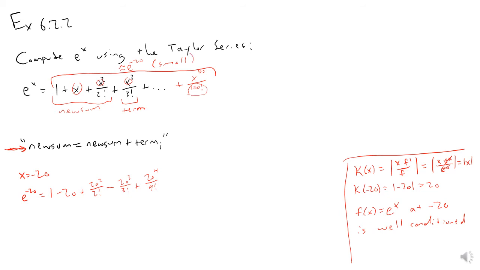Now, if you think about our series, every other term in the series is a subtraction, right? Because whenever I do negative 20 raised to an odd power, I get a minus sign, and so my addition turns into subtraction.